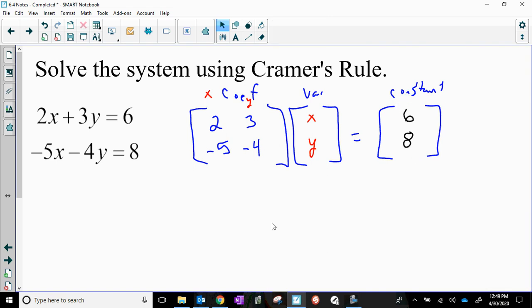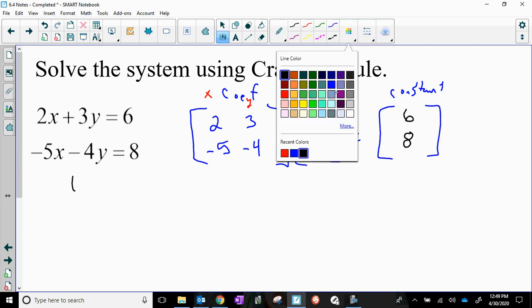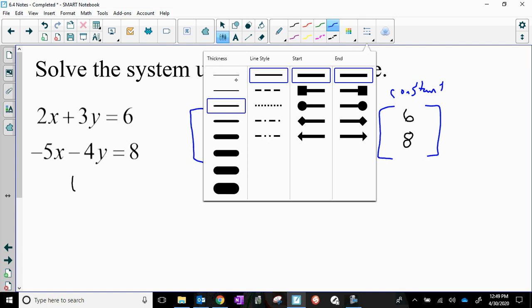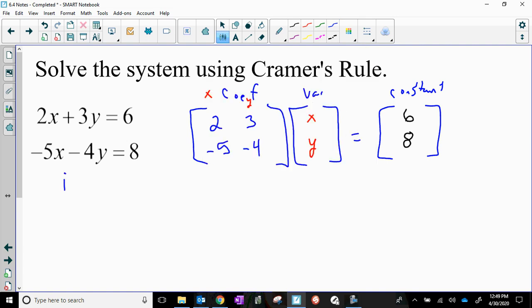Okay, so we're going to set up our D matrix. Our D matrix is just your coefficients. So we're going to write the determinant of the coefficient matrix.